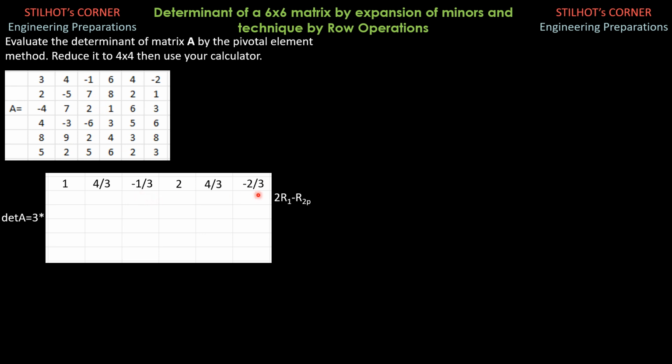You have to calculate 2 times 2 minus 8, that should be negative 4 here. So that's that, and so on and so forth. I want you to verify the rest of these elements. The previous element is negative 4. These are the new elements of row 1.